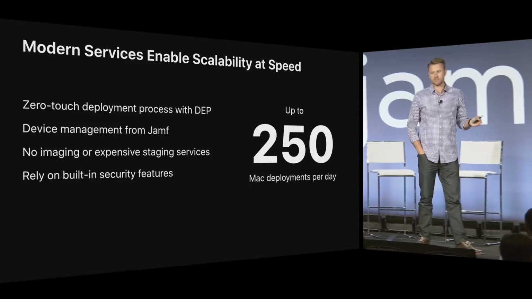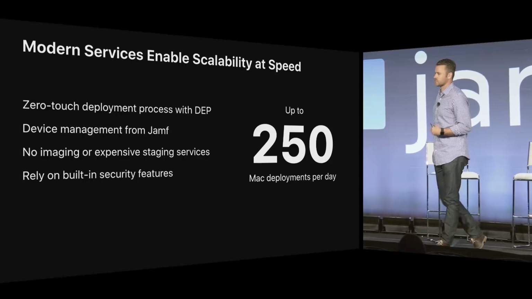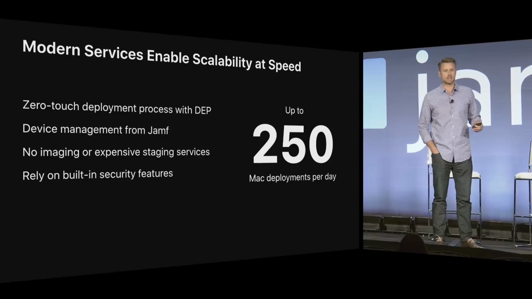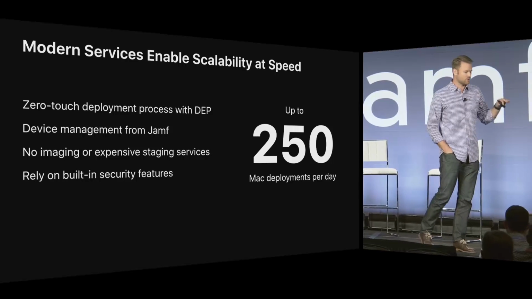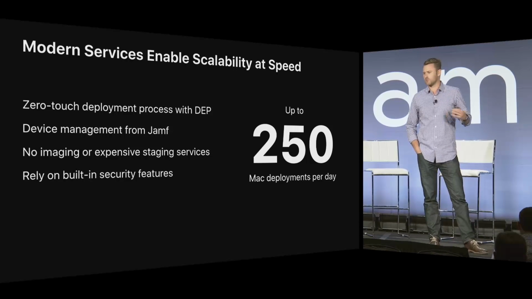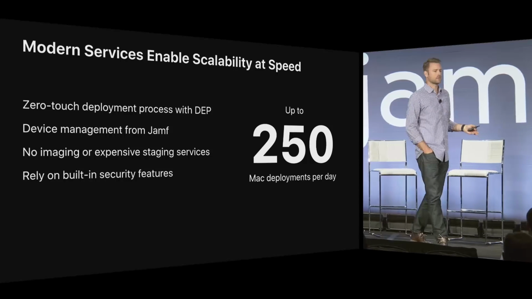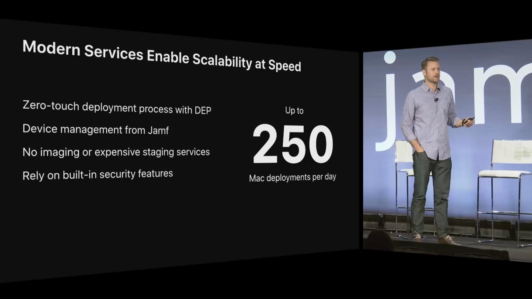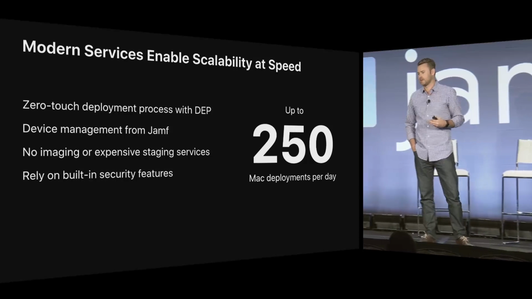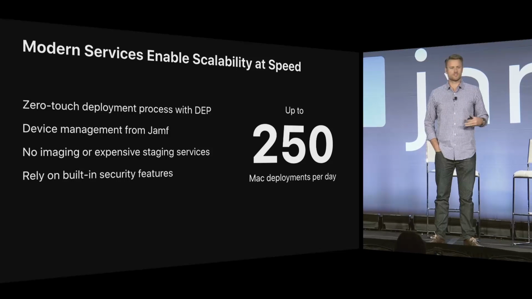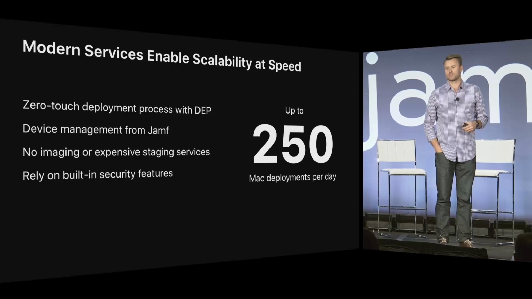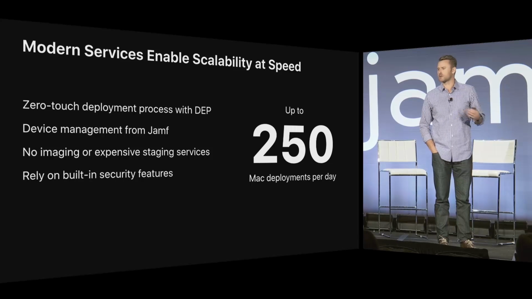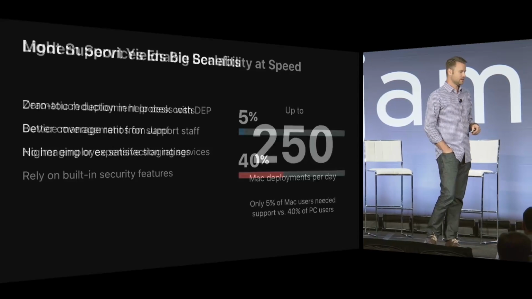And go down the path of relying as much as you can on the built-in security functionality of the Mac. And these are things that almost every one of them is going to be a change compared to the way that you manage a PC today. And so there's going to be a lot of, well, this is the way we've always done it, that you'll have to confront with folks as you go down the path of trying to create a better experience.